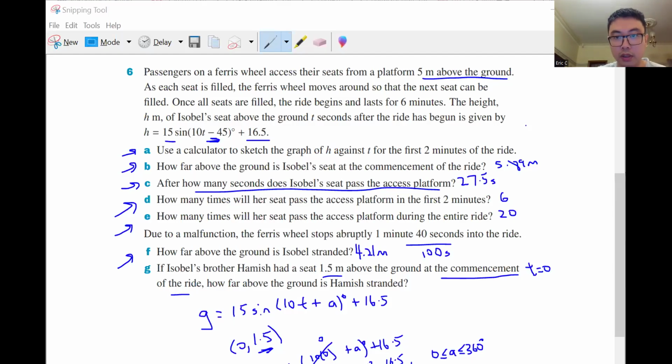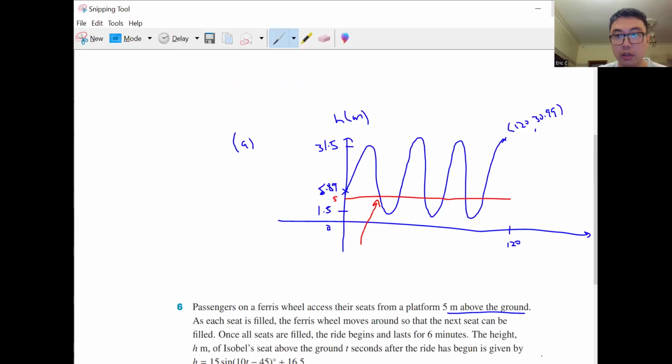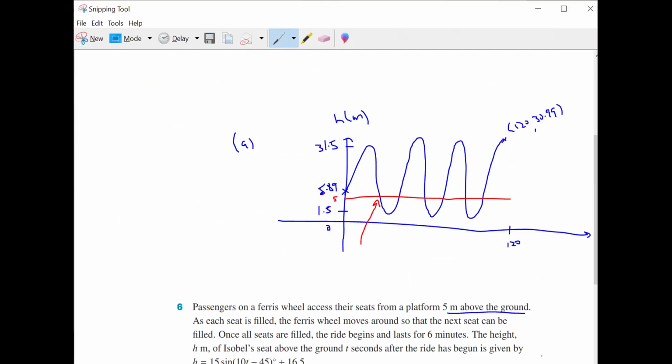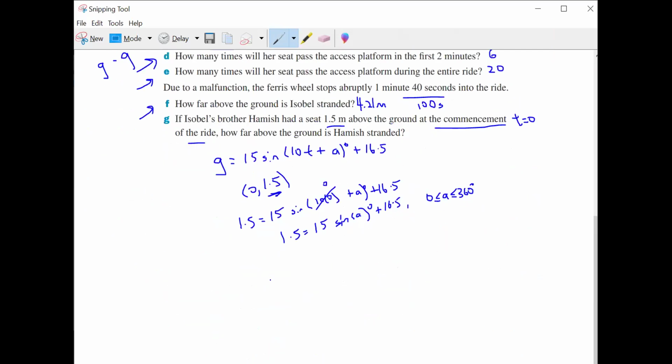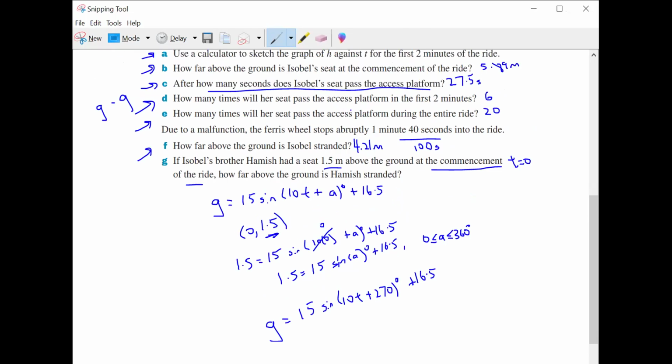So for G, G equals 15 sine of 10t plus 270 degrees plus 16.5 is the function we need to type in the calculator, and then solve for when t equals 100 seconds.